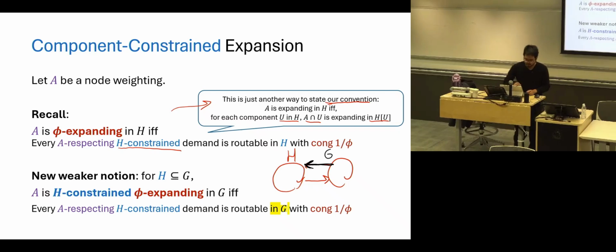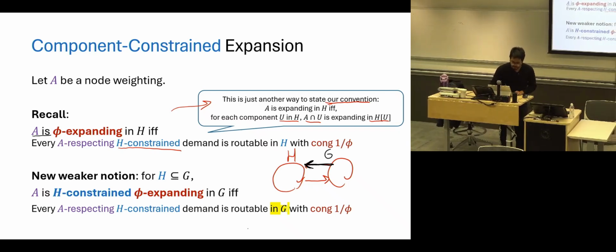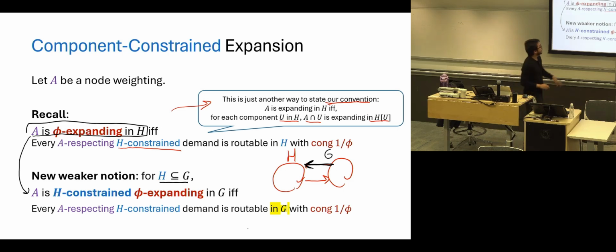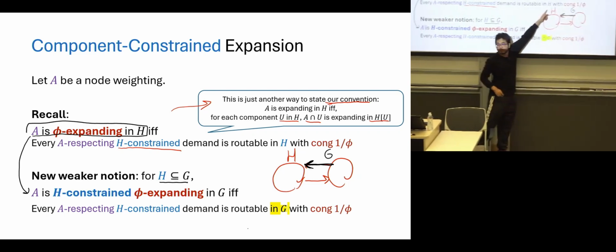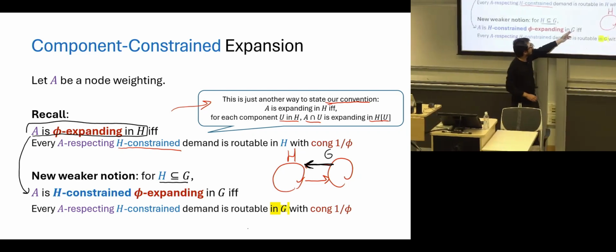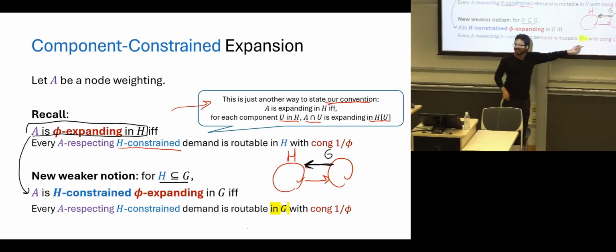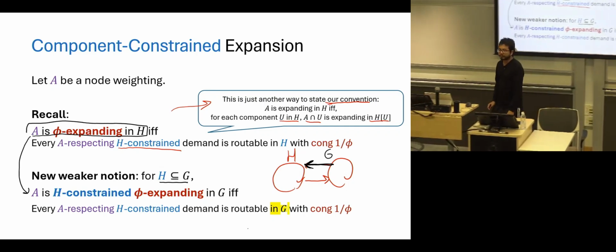So do you see that if I say that A is expanding in H and H is a subgraph of G, it just implies this? Because this just means that I can route things in the subgraph. Here I just allow more connections.